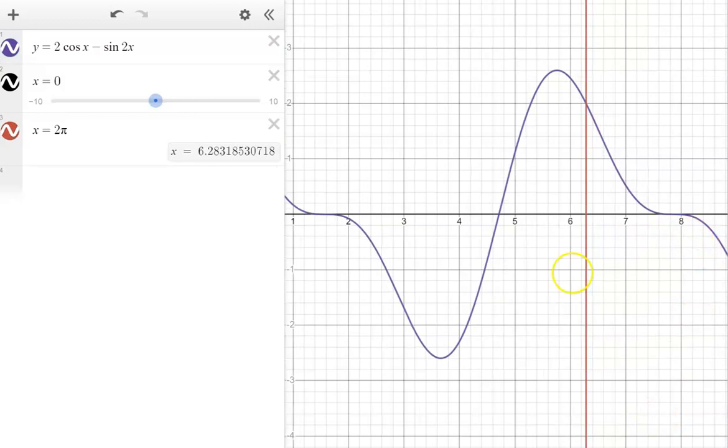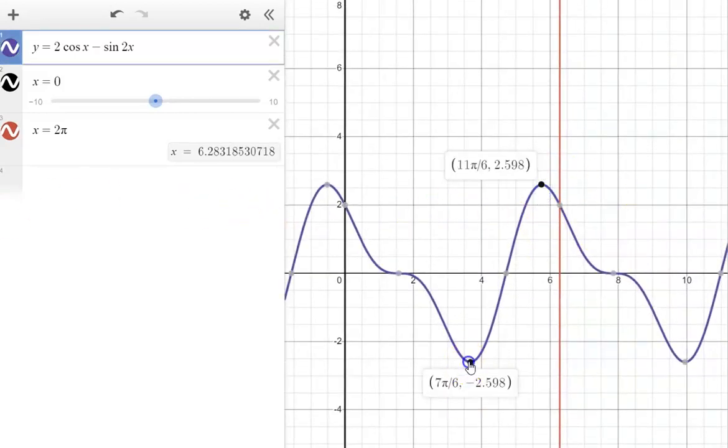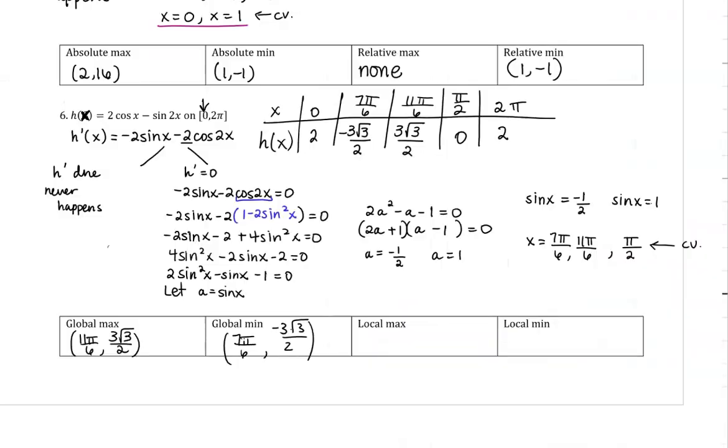And if you notice, both of these points, the absolute max and the absolute min, are also relative extrema. This is also a relative max and a relative min because they are hills or valleys respectively. So I'll copy those over into the local max position and the local min position.